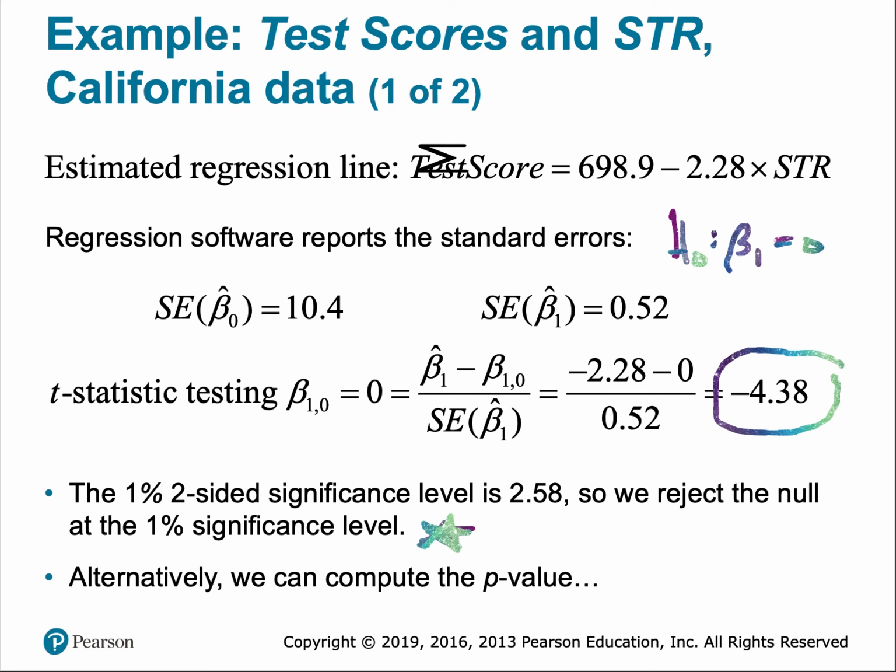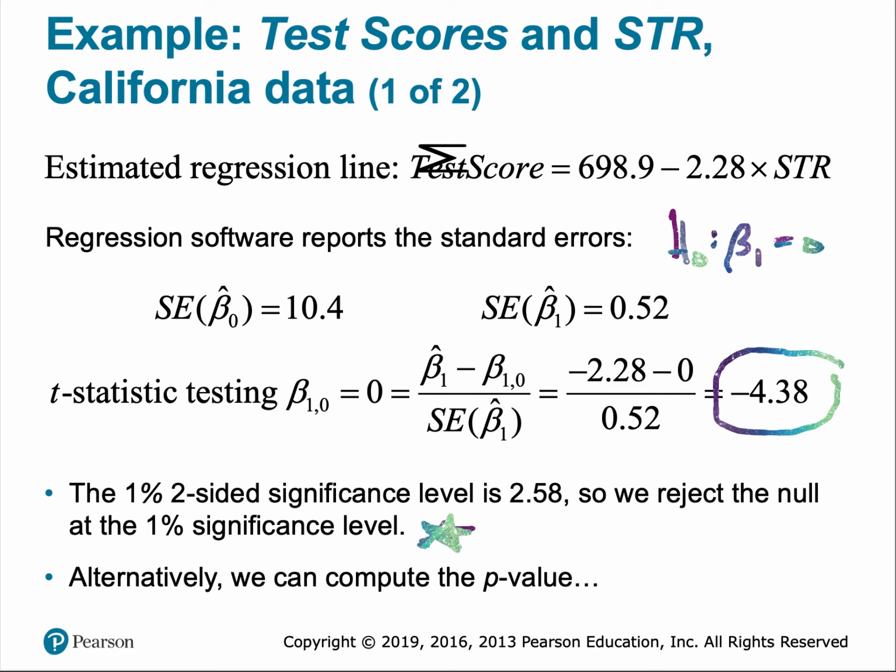The test statistic is the difference between the estimated value and the hypothesized value divided by the standard error. We compare that test statistic to the critical value based on a standard normal distribution, or we compute a p-value and compare the p-value to the significance level.